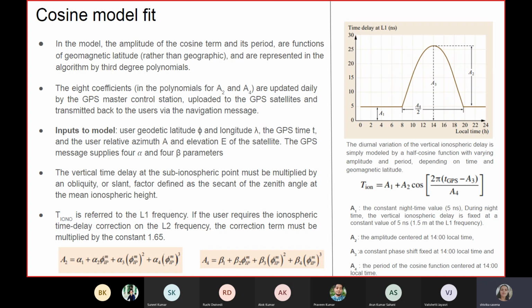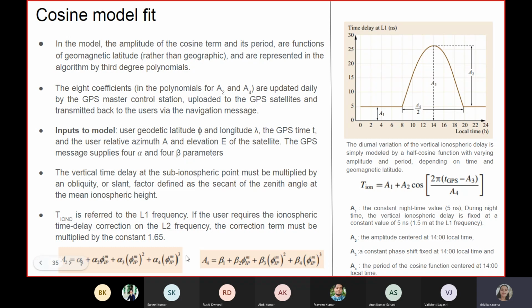These 8 coefficients are the data provided by the GPS satellite in its broadcast message itself. The 8 coefficients are updated daily by the GPS master control station, uploaded to the GPS satellites and transmitted back to the receivers via the navigation message. You can see these 8 coefficients at the bottom of the slide. A2 equals alpha 1 plus alpha 2 phi IP plus alpha 3 phi IP square plus alpha 4 phi IP cube.